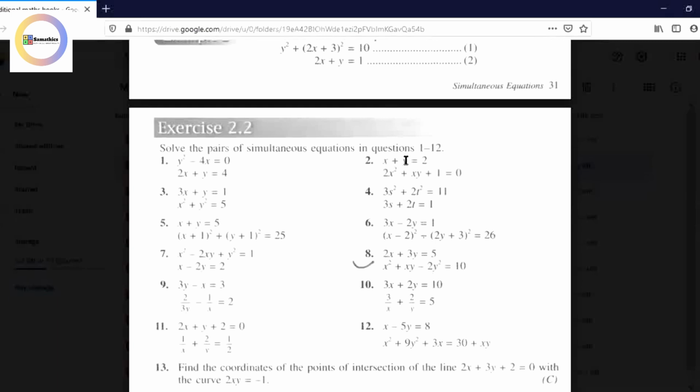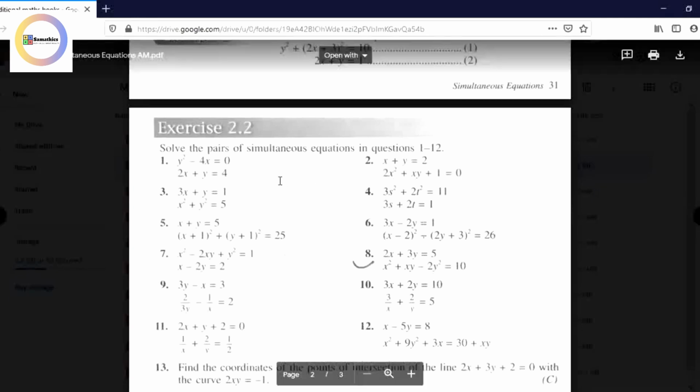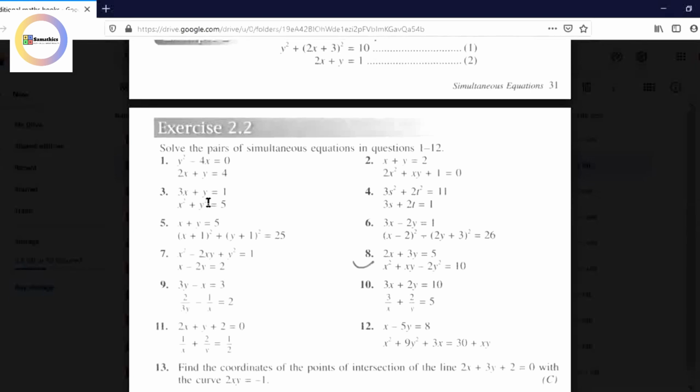So in this you will make y the subject, x will go there, so it will become 2 minus x, and then you will substitute here and then you will solve it, right? And in question number 3 as well, you have to make y the subject from the linear equation. First one is linear and then you will substitute in the other equation.